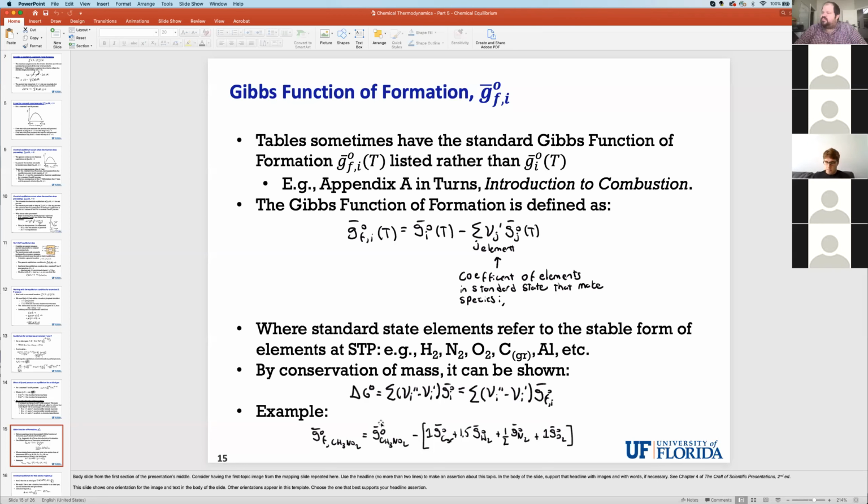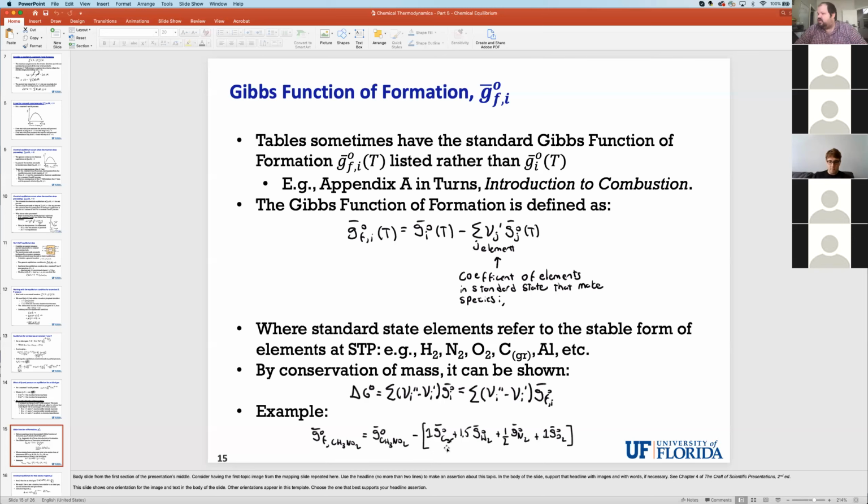I just have a little example down here, if you want to go to and from the Gibbs function of formation to the standard Gibbs free energy, which is right here. We can use this definition here. So here is the nitromethane molecule, and we want to find the Gibbs function of formation for that. It's just the standard Gibbs free energy minus, well, we have one carbon, so that's 1 times the standard Gibbs free energy of carbon.